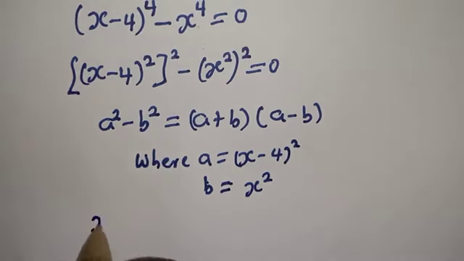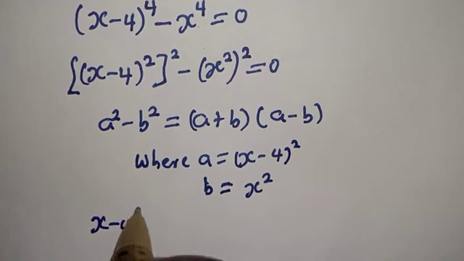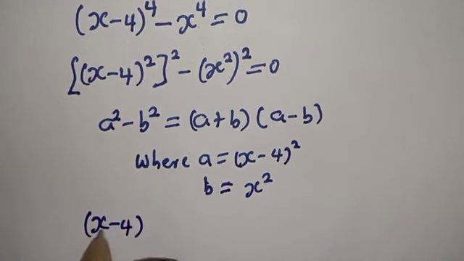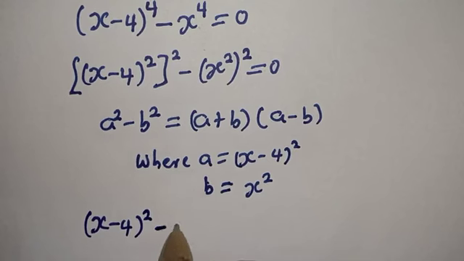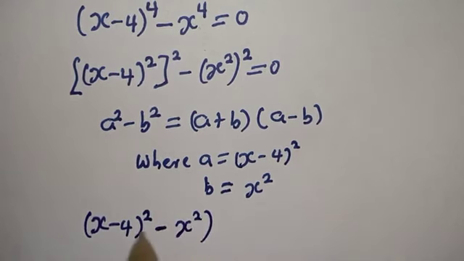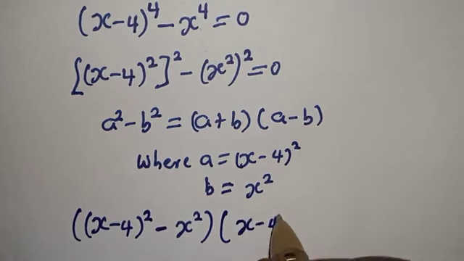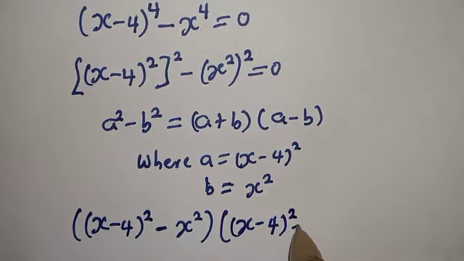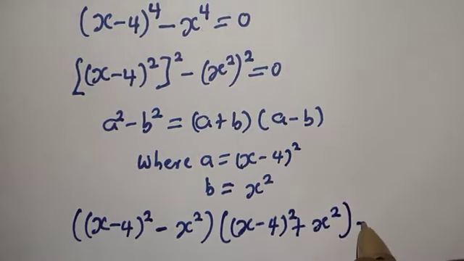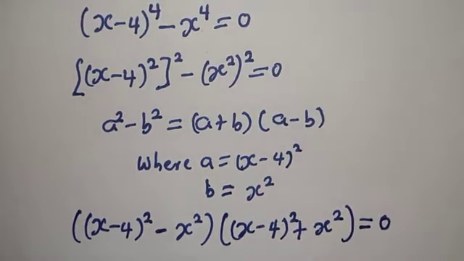You have ((s − 4)^2 minus s^2) multiplied by ((s − 4)^2 plus s^2). Everything is equal to 0.